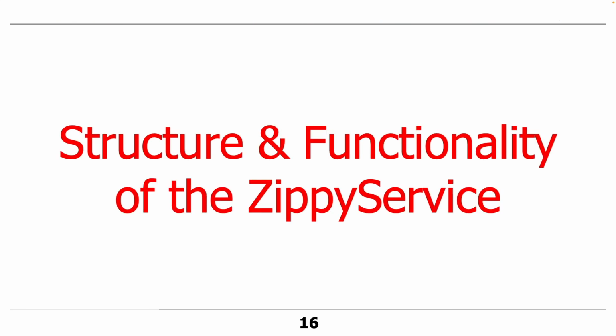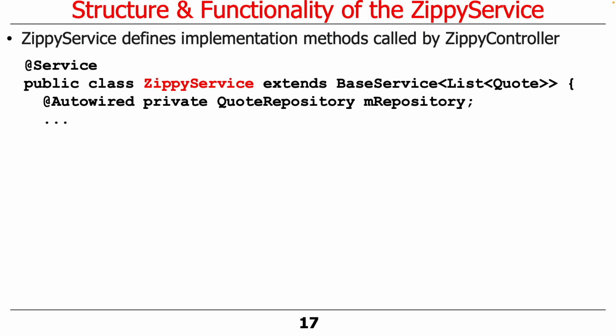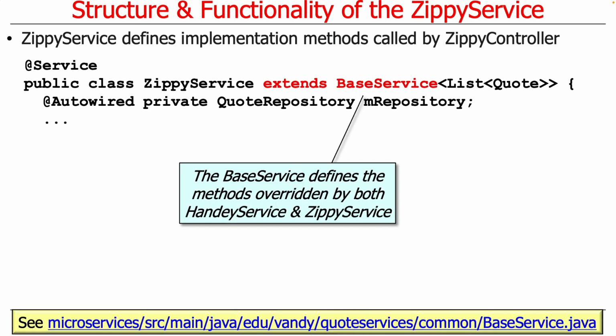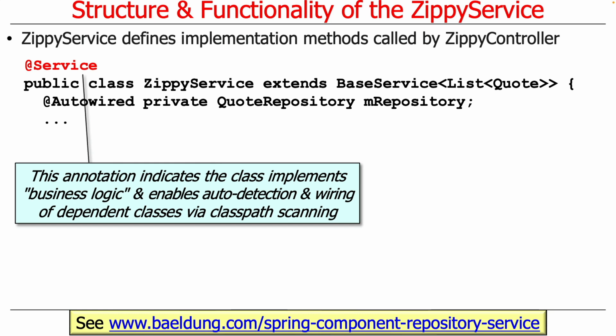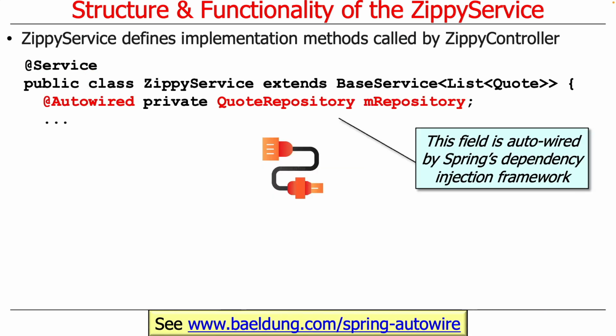So let's now talk about the structure and functionality of the Zippy service that uses the quote repository that we just saw. So here is the Zippy service. Zippy service extends the base service, and then it parameterizes it with a list of quotes. And then it's defined as a service, so it can do all the auto detection and wiring and so on. And here's the thing that it's auto wiring. It's auto wiring the quote repository.